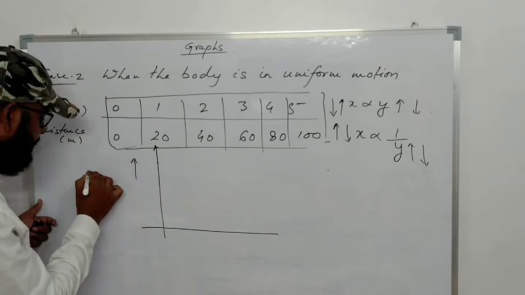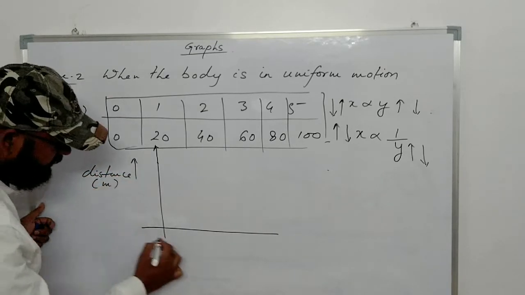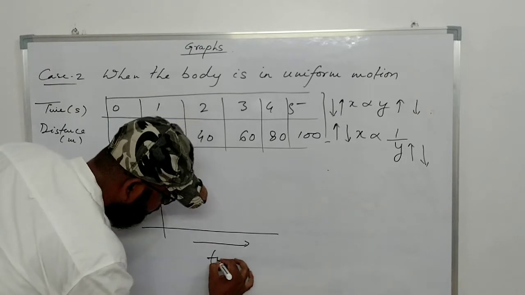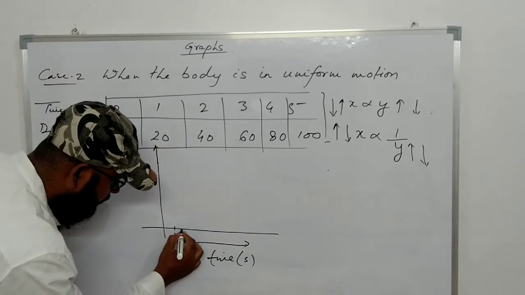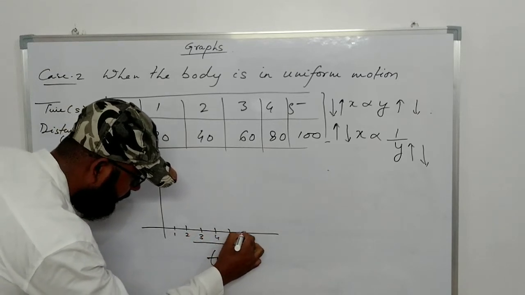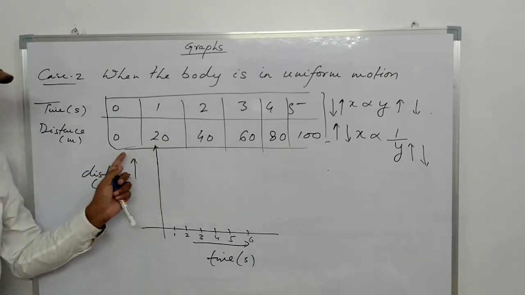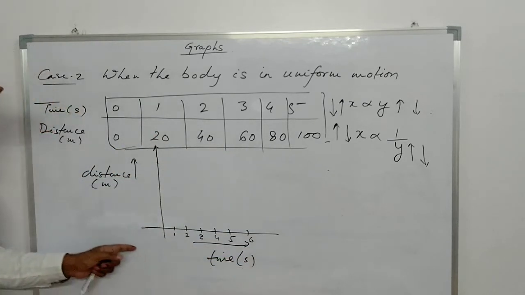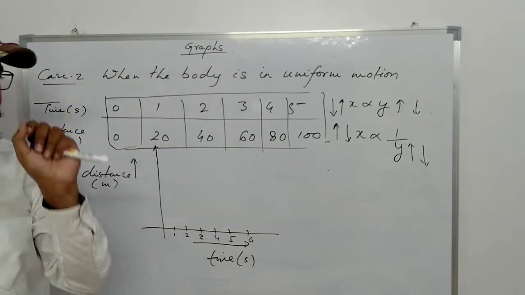Here distance, and distance in meter, here time, and the time in second. 1, 2, 3, 4, 5, 6. When you plot this graph on the graph paper, then you have to take scale also.